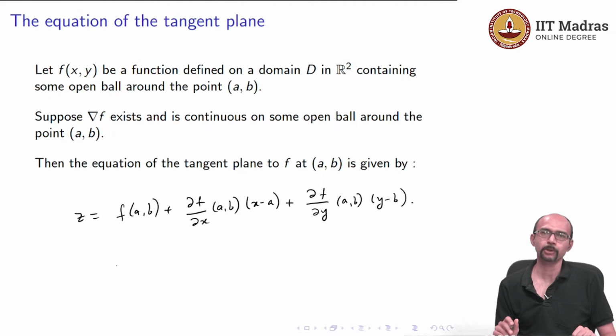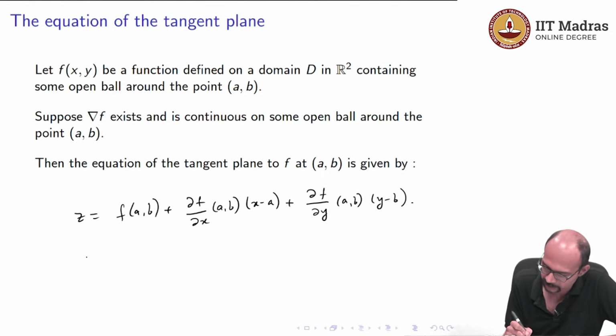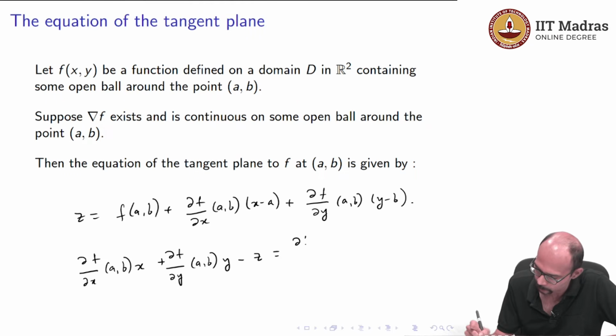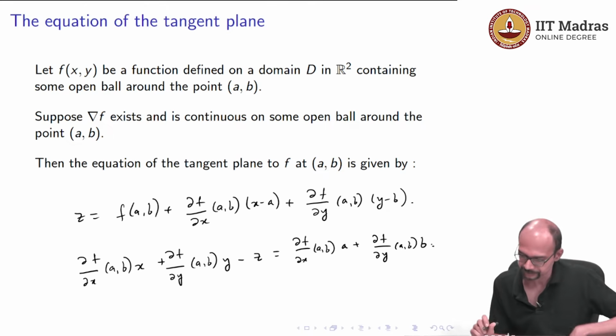So, this is indeed an affine flat because you have one linear equation. In terms of linear algebra, you are looking for solutions of del f del x at (a, b) times x plus del f del y at (a, b) times y minus z is equal to del f del x at (a, b) times a plus del f del y at (a, b) times b.